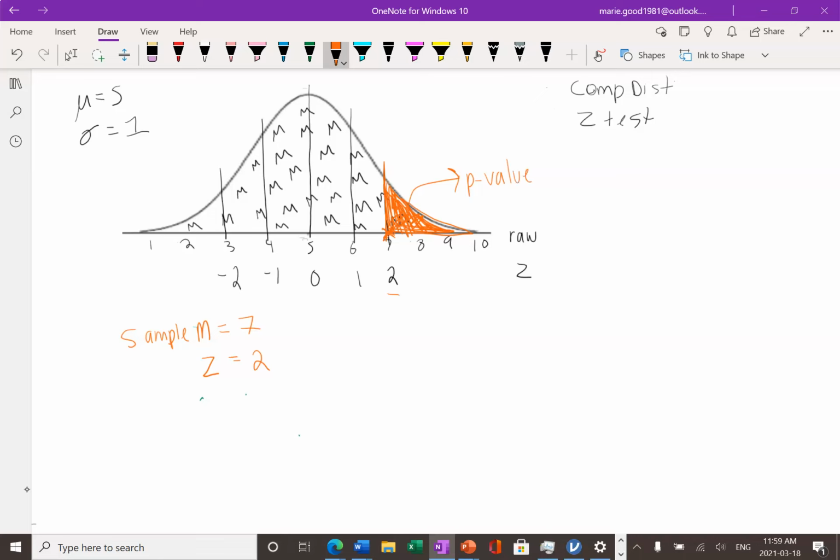It stands for probability value. It's the percent of scores that fall at or above the sample mean on the comparison distribution. And you could also interpret it as the probability of randomly drawing a score this high or higher from this distribution.